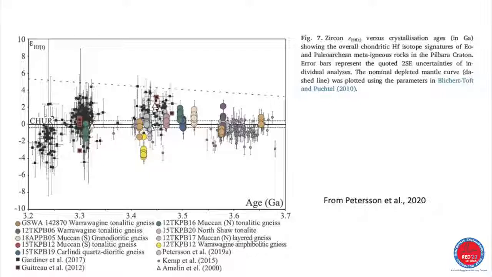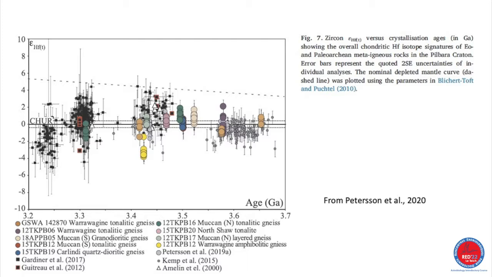They wrote that some previously published data do not fit the line, and some fit perfectly well, like the data of Kemp et al., exactly on the line, epsilon hafnium 0.